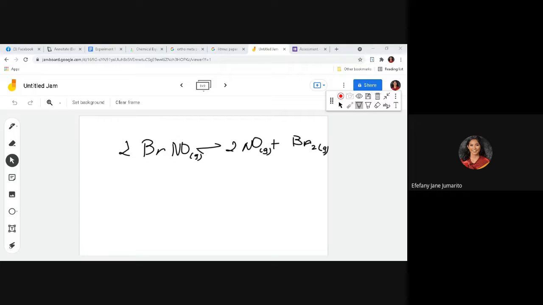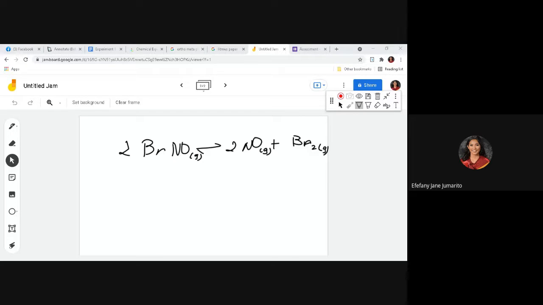If the concentration increases, the system reacts to consume some of it. So it will consume it. What will happen to the direction if we increase the concentration of Br2? It will go backward. Okay, it will go backward.